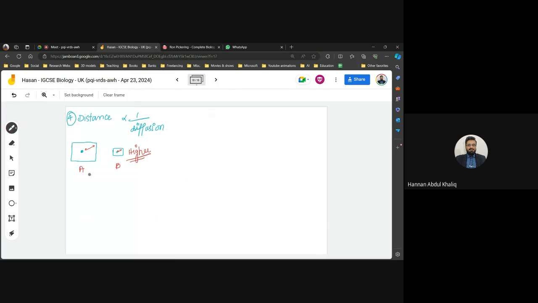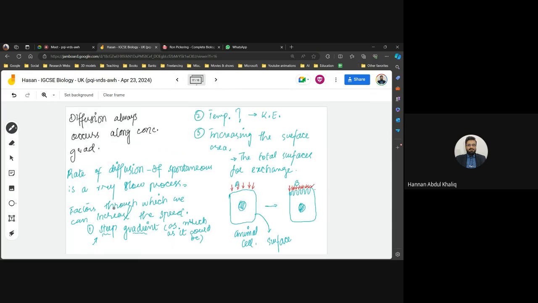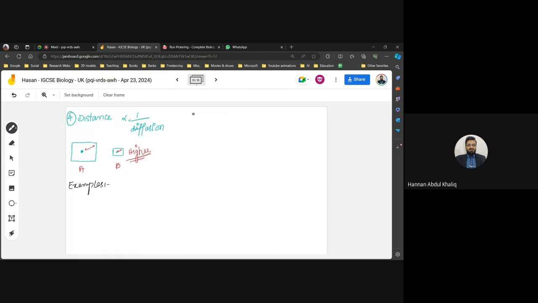So now, putting it into perspective according to the cells with the help of examples. Remember that in diffusion, the gradient is one of the top priorities. Let's talk about plants. In plants, you have a leaf, and the leaf produces oxygen and receives carbon dioxide.